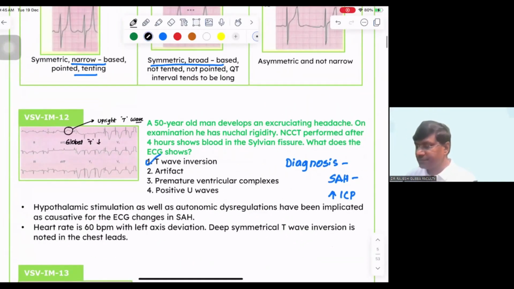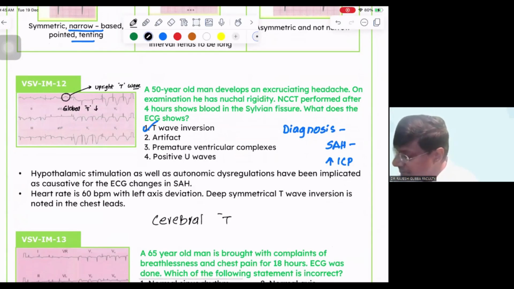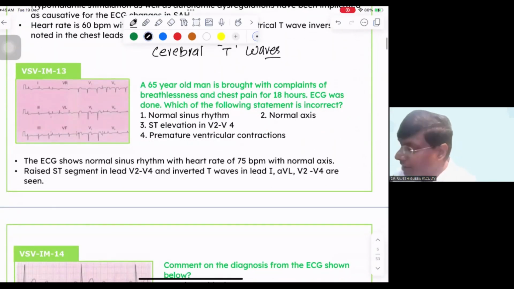So that is what the ECG suggests. Yeah, this is called cerebral T waves, where you will have broad, deep T waves. Right? Broad, deep T waves, which are nothing but cerebral T waves.